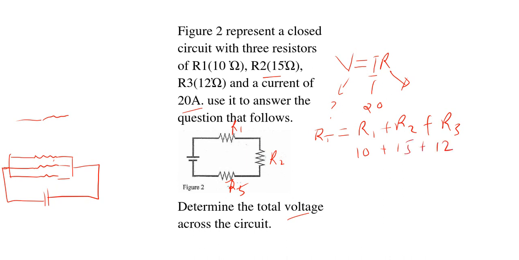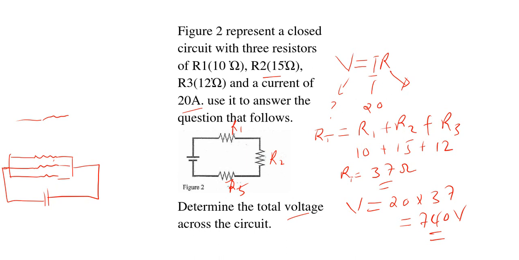When you add this, you get 37 ohms. Now we have the resistance. We can apply it to the formula. So we have our voltage being equal to 20 times 37. And we are going to get 740 volts, which is now the voltage across the circuit.